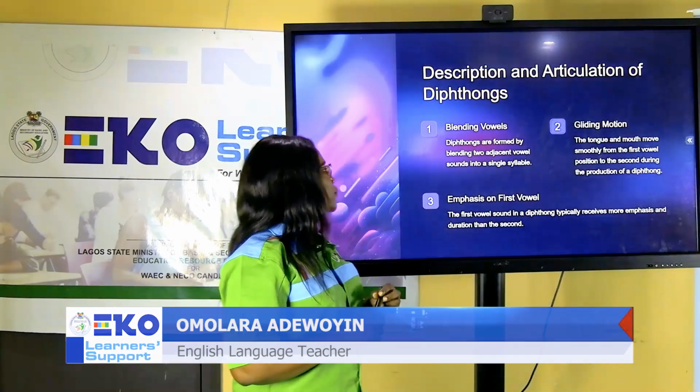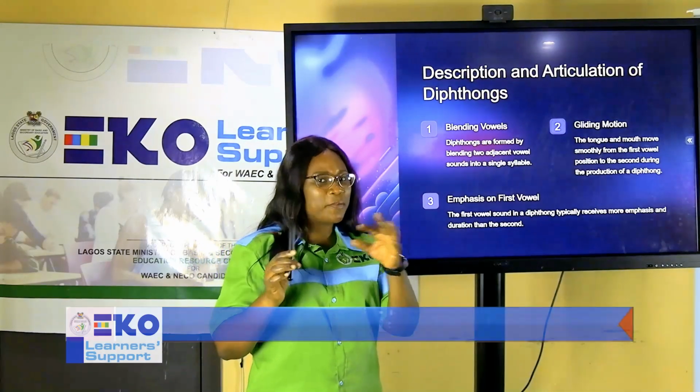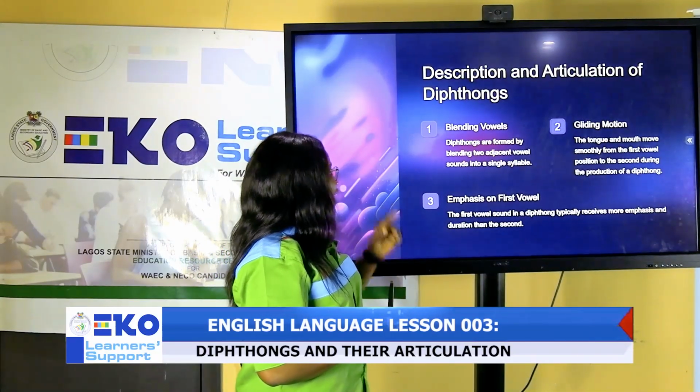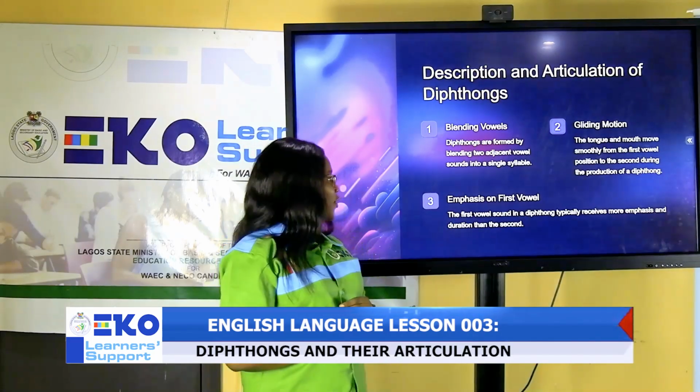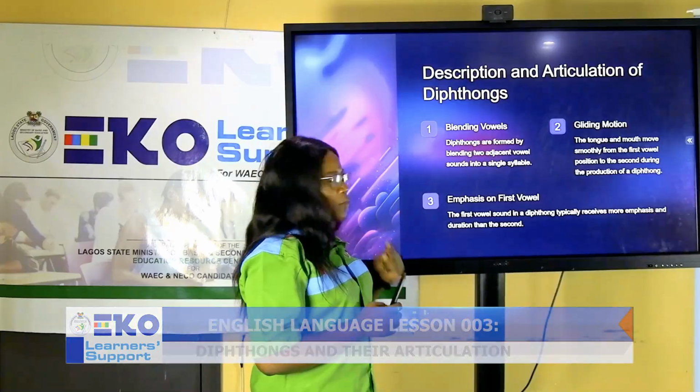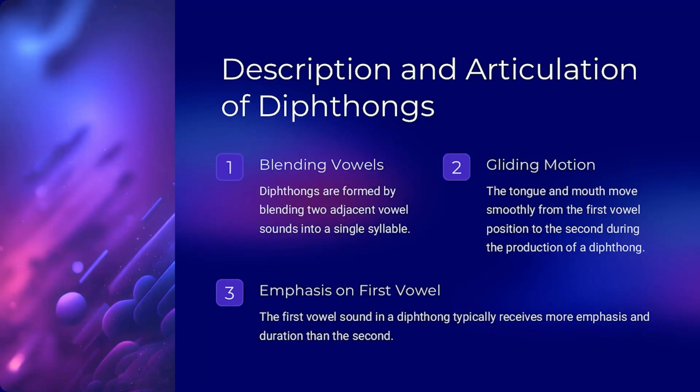How are diphthongs produced? What characterizes their production? Here we have the description and articulation of diphthongs. Number 1, blending vowels. One very versatile characteristic of diphthongs. Diphthongs are formed by blending 2 adjacent vowels.